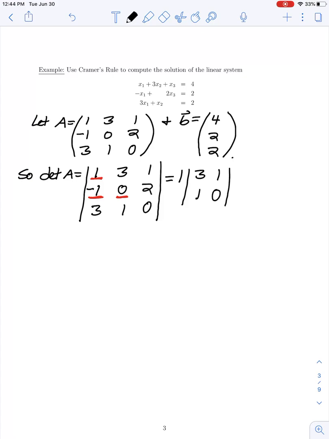Then we have plus our 0 term for the 2, 2 position, and then -2 times the determinant of the matrix 1, 3, 3, 1.